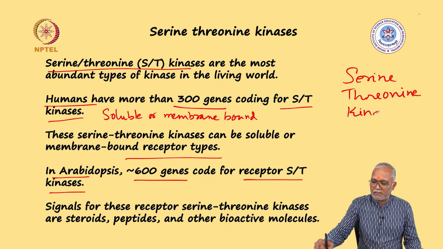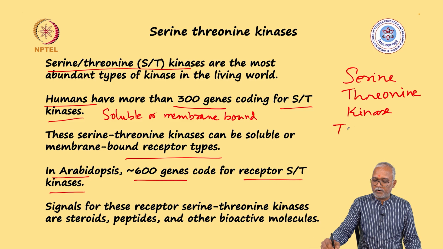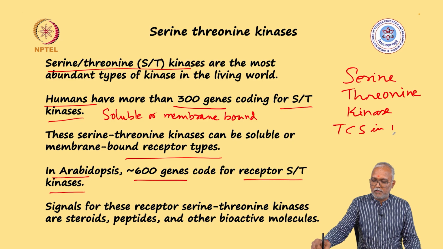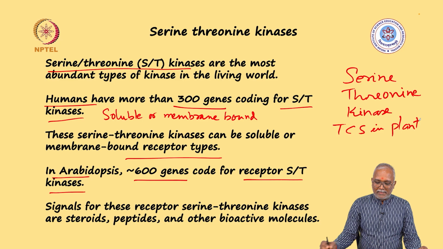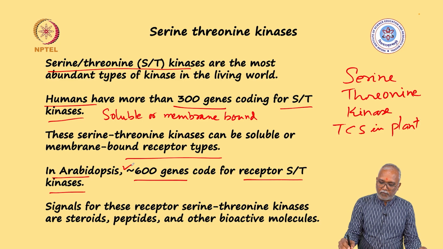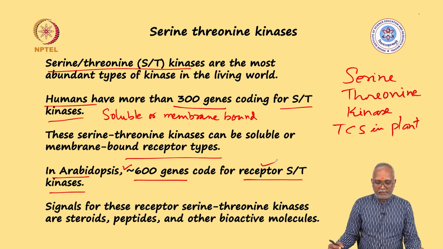We saw examples of histidine kinase when we discussed the two component system in plants, but what you will notice is that there is a huge abundance of serine-threonine kinase in plant kingdom. Not only that, they have 600 genes which code for receptor and soluble serine-threonine kinases.